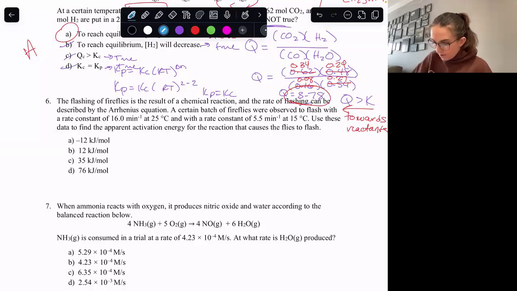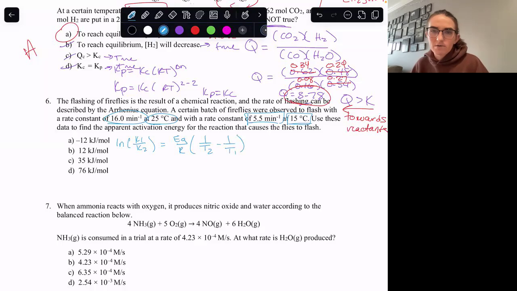We're comparing a rate constant of 16 at 25 and then 5.5 at 15. So we're comparing the two rate constants at two different temperatures. So we're going to use the combined Arrhenius equation: ln K1 over K2 is equal to EA over R times 1 over T2 minus 1 over T1.